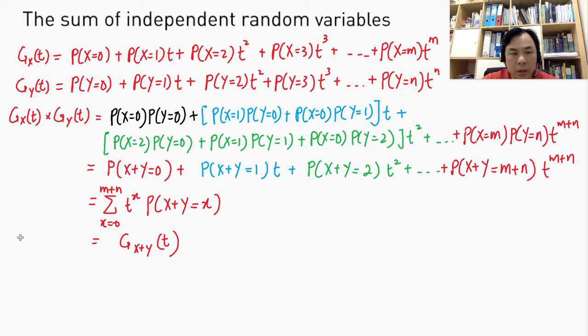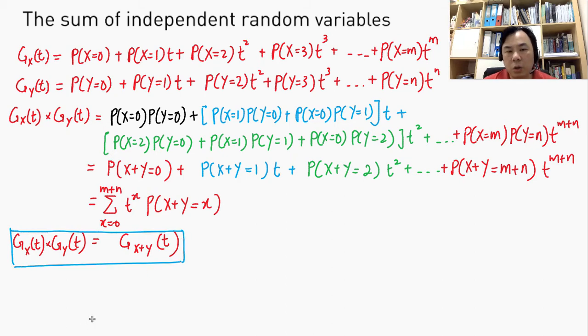Therefore, we can conclude that the sum of the probability generating function is the same as the multiplication of each individual probability generating function here. Now, this is the main result that we are interested to use shortly.